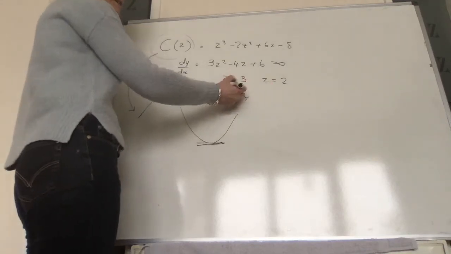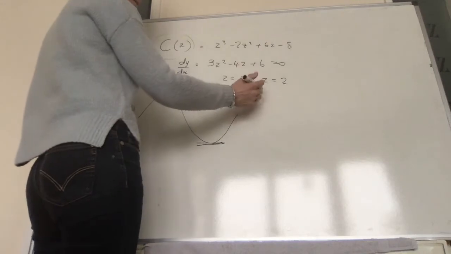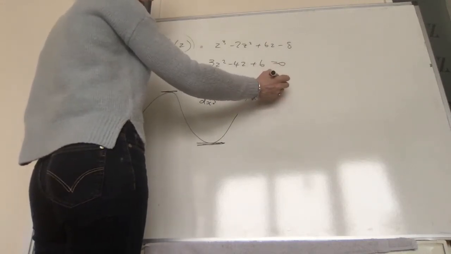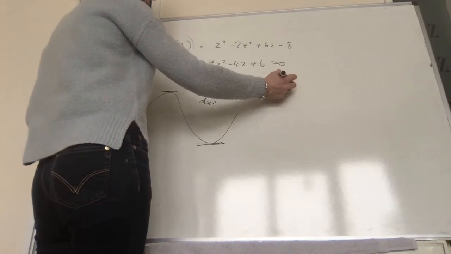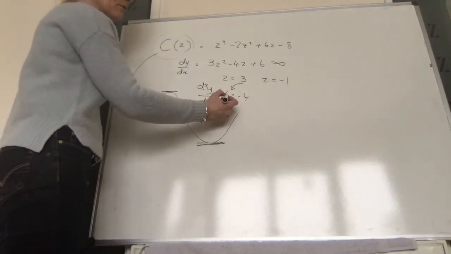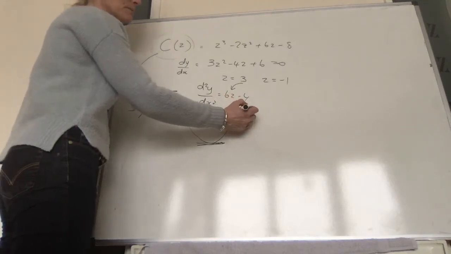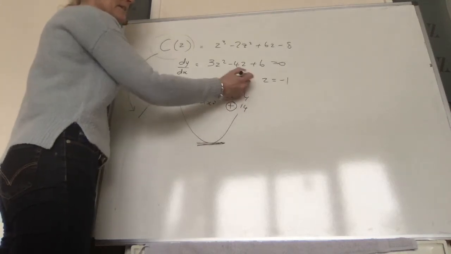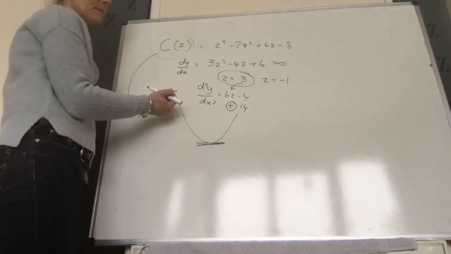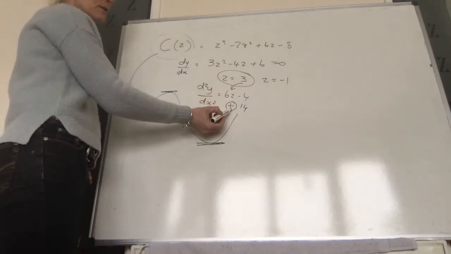And whichever of these answers gives you the minus, okay, in this situation actually they both will, so if I maybe put in minus 1 in here for z, they're your two answers. So when you put 3 in here, you're going to get 18 take away 4, which is plus. That means that the point where z is 3 is going to give you your minimum.